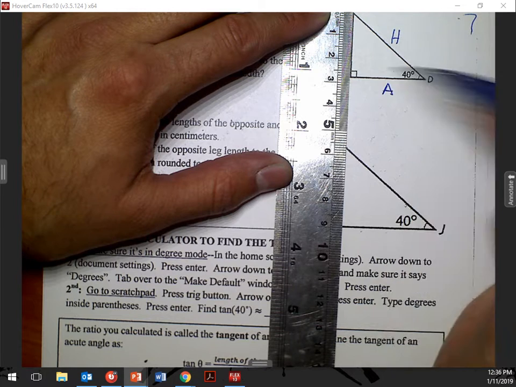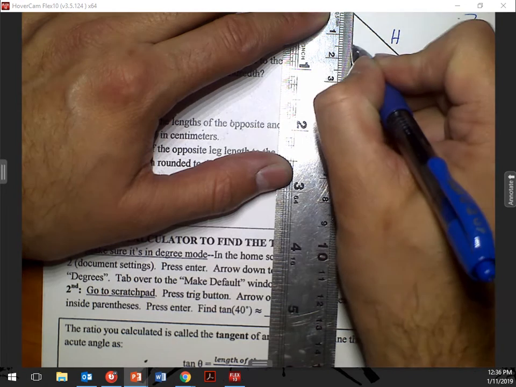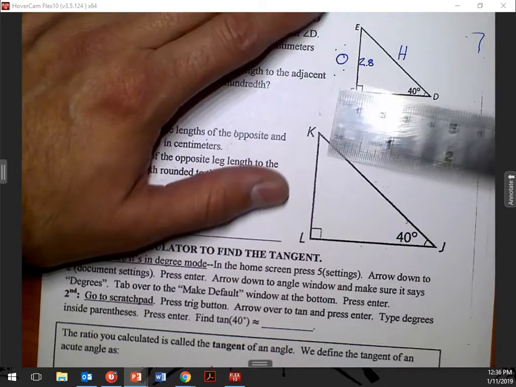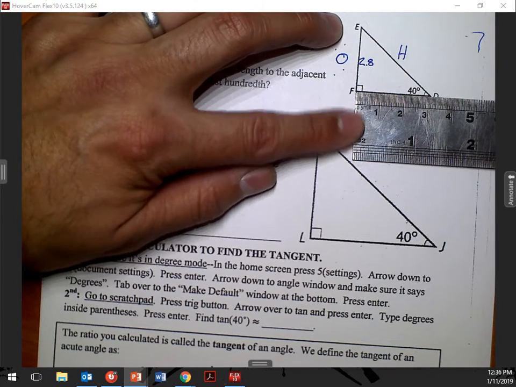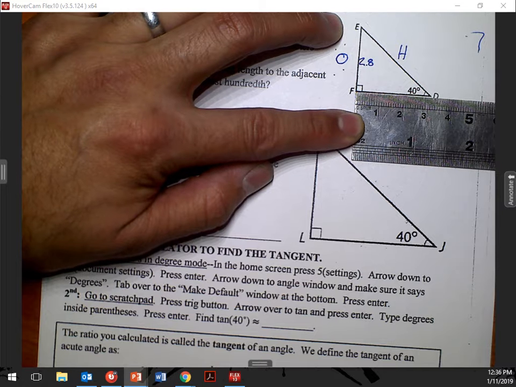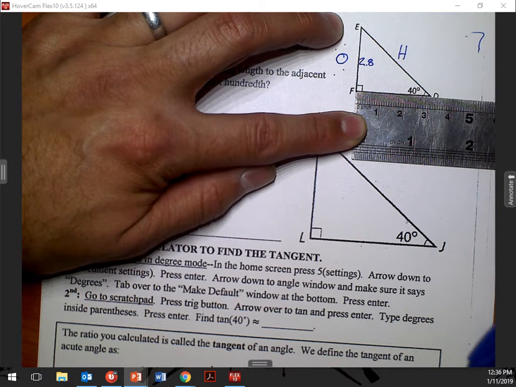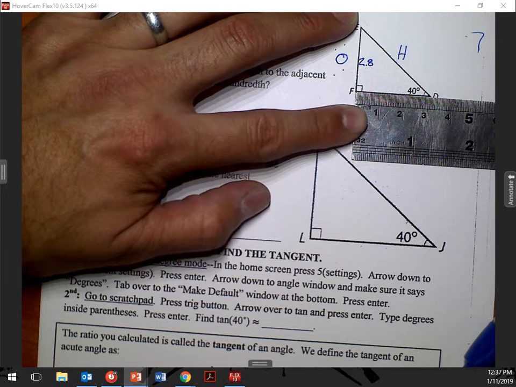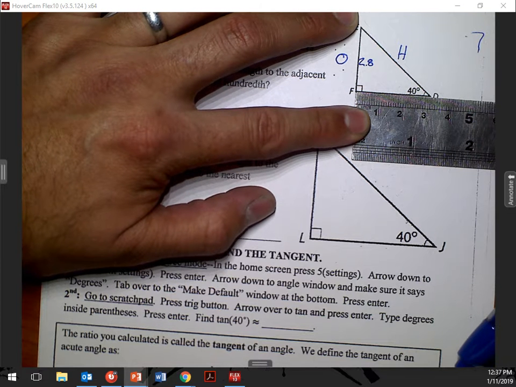Can you just round it to 3? 2.8. Yep. Okay, right here, this one looks like 3.1.